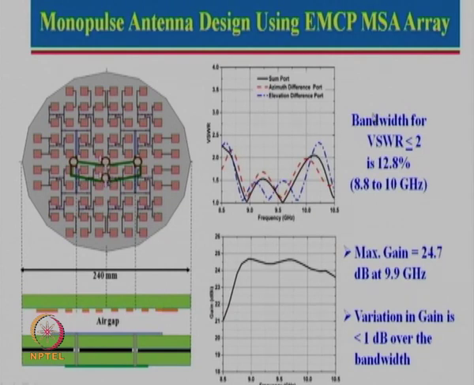Let us just look at the VSWR plot for all these things here. What we have got here is 8.8 to 10 gigahertz, that is nearly 13% bandwidth for VSWR less than 2. And for this array we have got a maximum gain of about 24.7 dB, and again in this particular case, if you see, the gain variation is less than 1 dB.